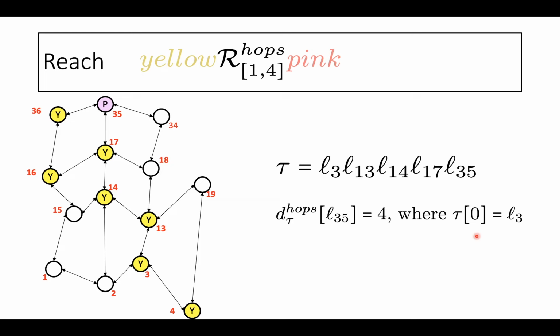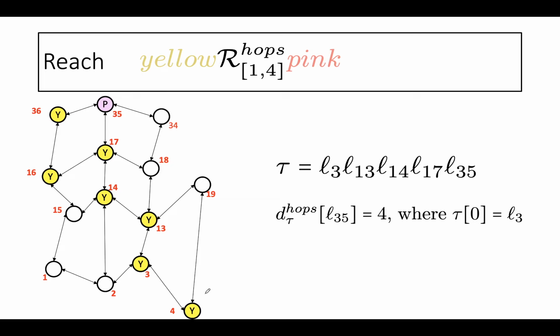Here we have a graph, and we want to see if there are locations that satisfy the property yellow reach pink, in an interval between 1 and 4, considering the hops function. For simplicity, in this example, we use just the hops function, so we are just considering all edges with weight equal to 1, and not adding further values, to keep things simple.